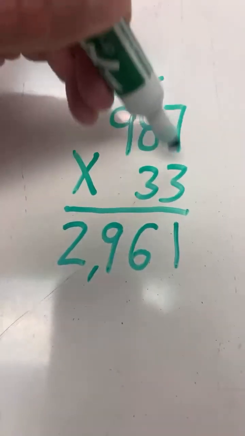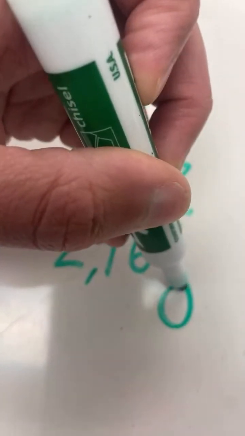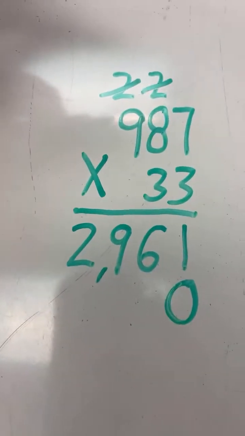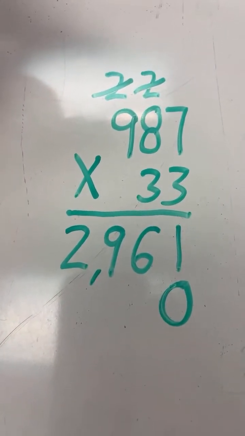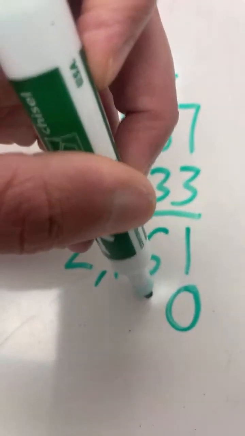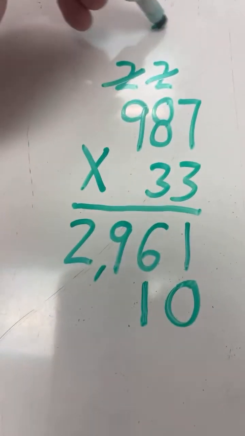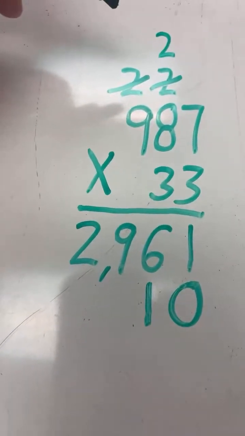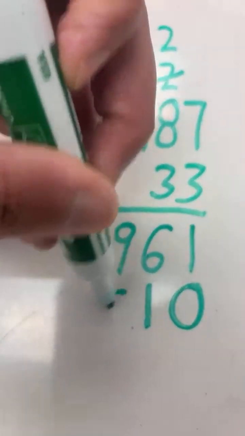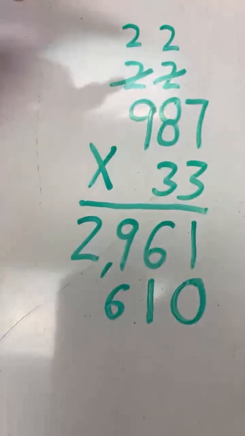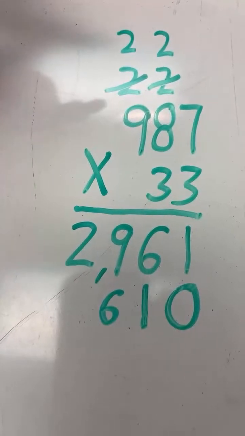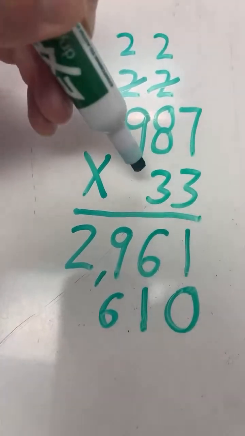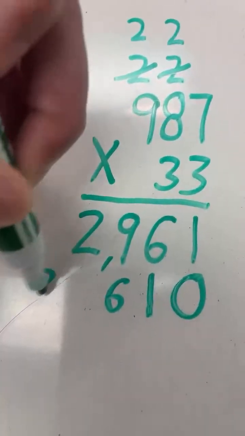Since we've already multiplied both digits in the ones place, we're going to put a 0 in the ones place. All right, 7 times 3 equals 21. 1, carry the 2. 8 times 3 equals 24, plus 2 equals 26. 6, carry the 2. 9 times 3 equals 27, plus 2 equals 29.